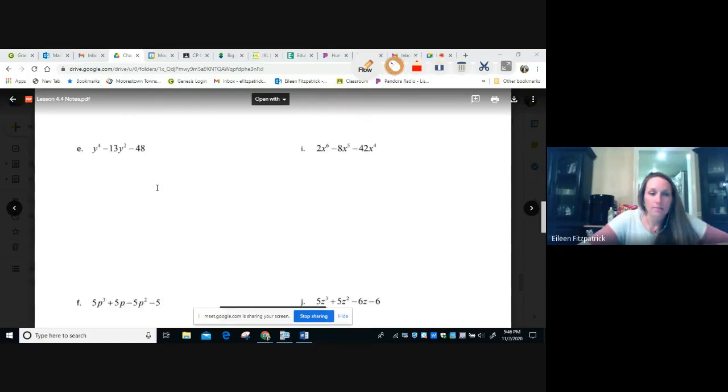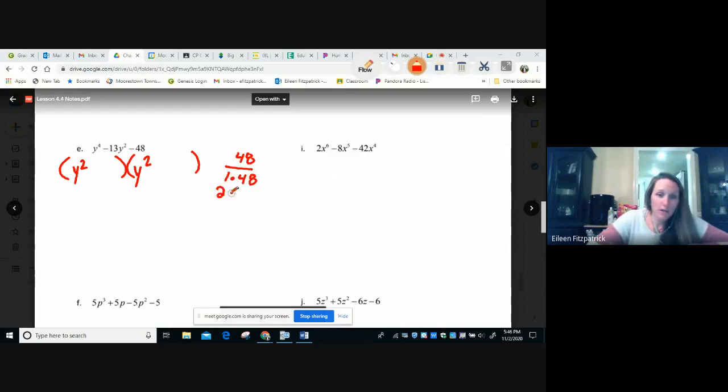Let's look at E. For E, look for a GCF. There is none, right? They don't have y's in common, and there are no coefficients in common. So then I'm going to try to break it into two binomials. y squared times y squared will give me y to the fourth. And then I have to think of factors of 48, and there's multiple. If you need to, make a list over here: 1 times 48, 2 times 24, 3 times 16, 4 times 12.